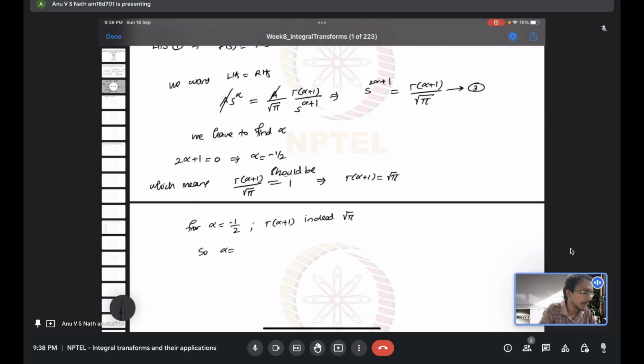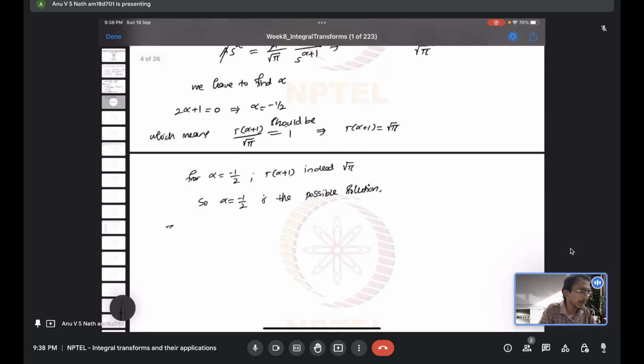So alpha equal to minus half is a possible solution. Thus we find that f of t equal to a t raised to alpha, which is equal to a t raised to minus half, is the solution, or is one of the solutions.